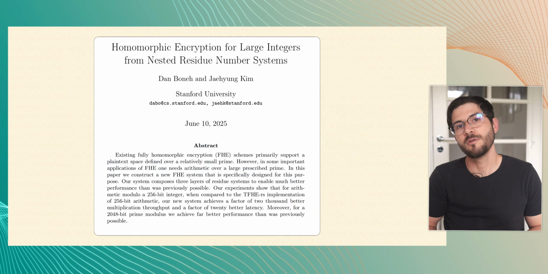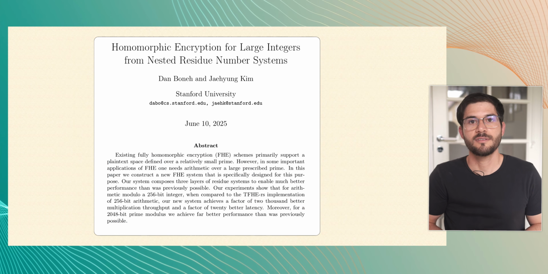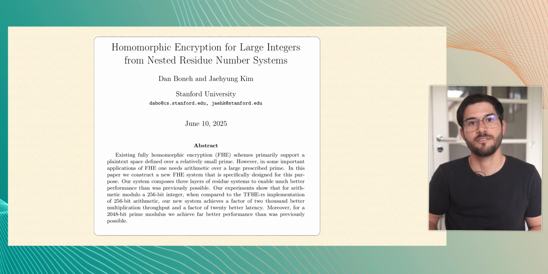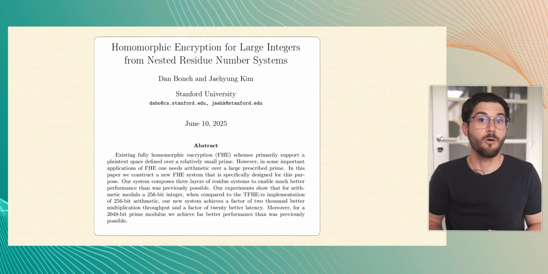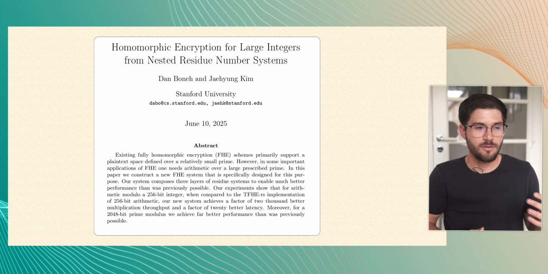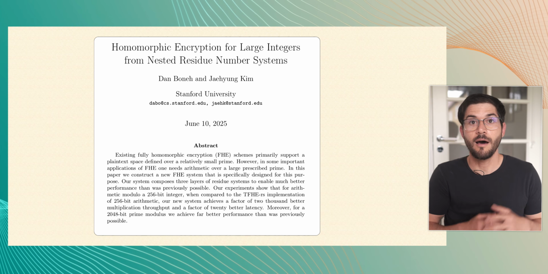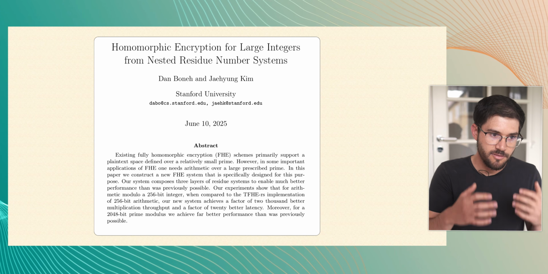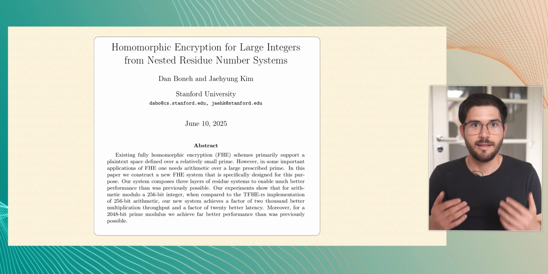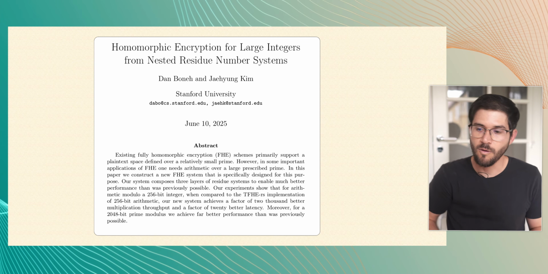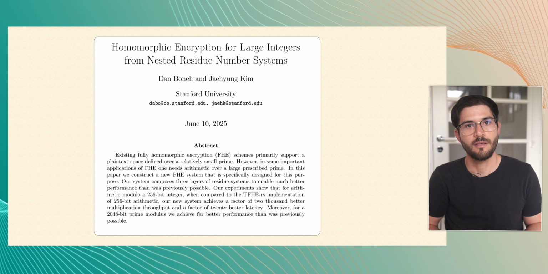A recent paper published in June 2025 claims 1000x higher multiplication throughput and 10x lower latency for large integer operations. Alongside algorithm improvements, hardware improvements are also happening, which compounds the effect. And hardware acceleration could increase the speed by more than another 1000x or something.